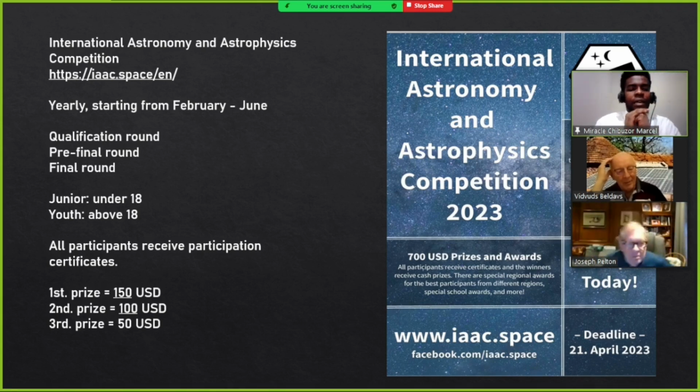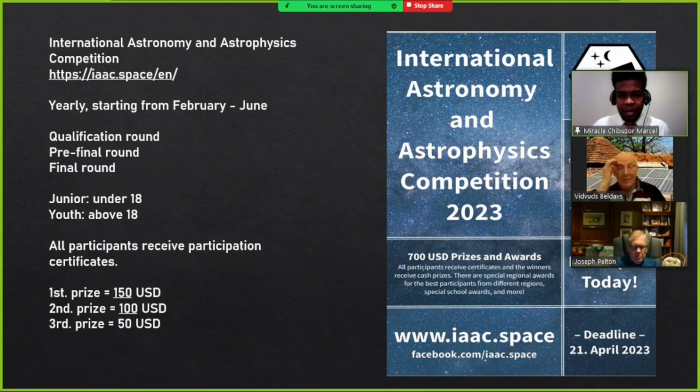So this year, we received a grant, and from that grant, we supported about 10 students from 8 countries. We hope to continue to support more in the future if we have more budget. It comes every year, starting from February to June.